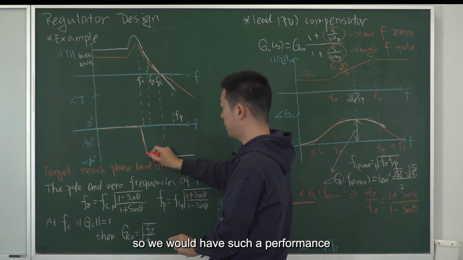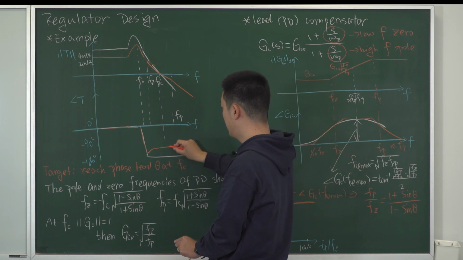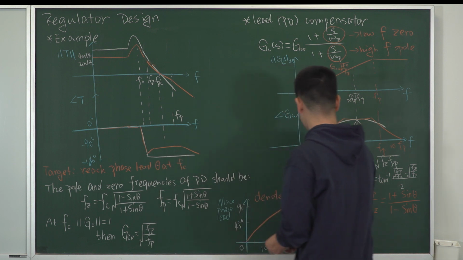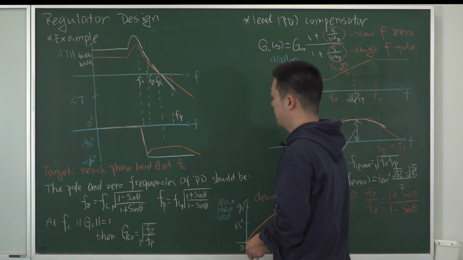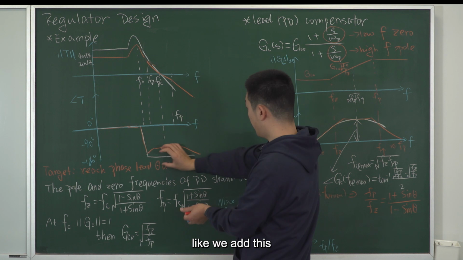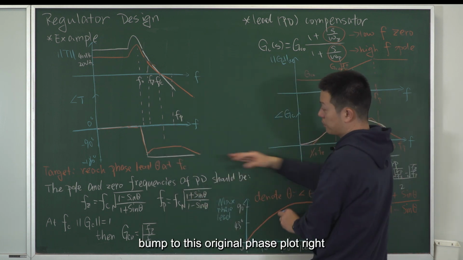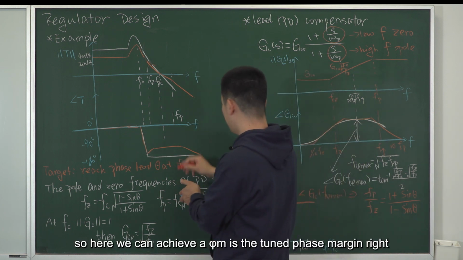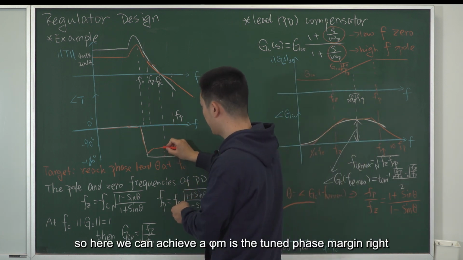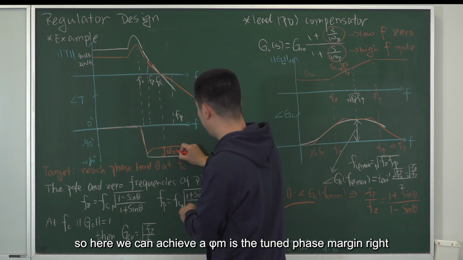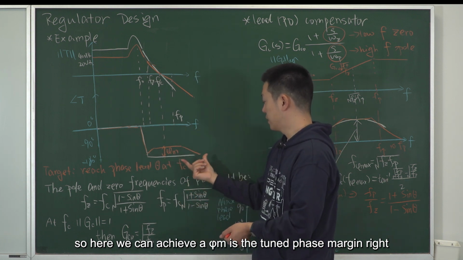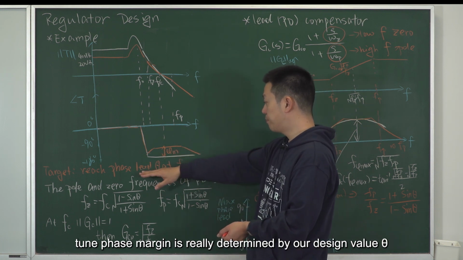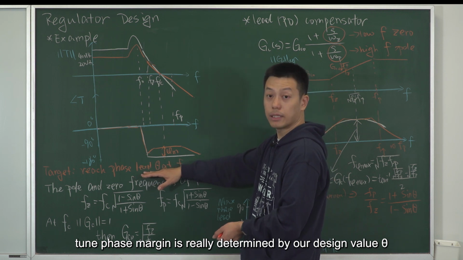So we would have such a performance. So here, we add this bump to this original phase plot. So here we can achieve a phi m. Phi m is the tuned phase margin, right? The tuned phase margin is really determined by our designed value, theta.